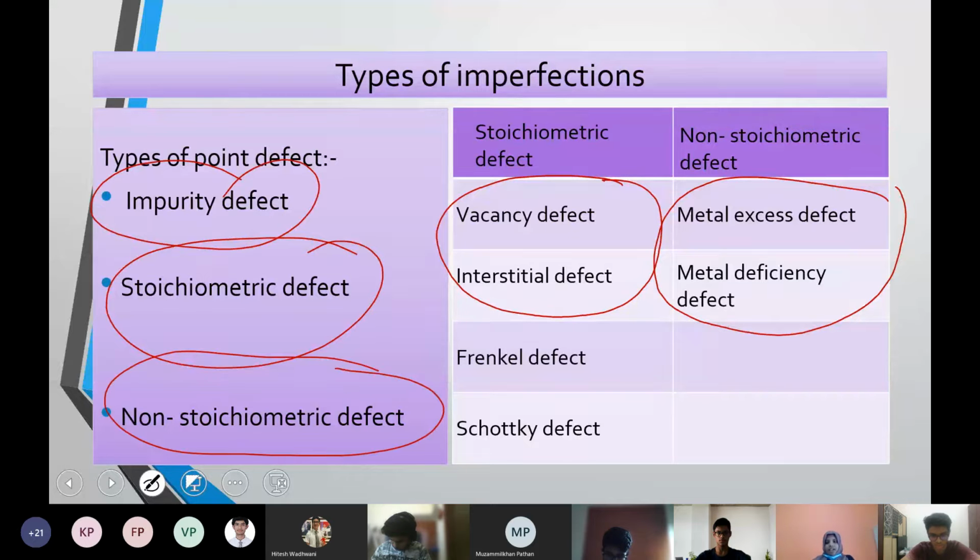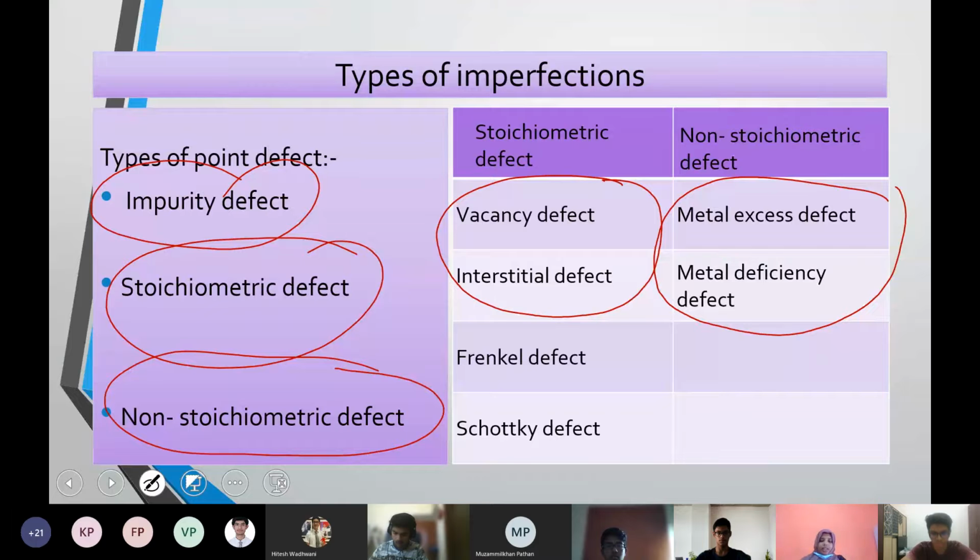These three are the different types of defects coming under point defect. And among these three, stoichiometric and non-stoichiometric defects are further classified. Stoichiometric defect is further classified as vacancy defect and interstitial defect, and non-stoichiometric defects are further classified as metal excess and metal deficiency defect.